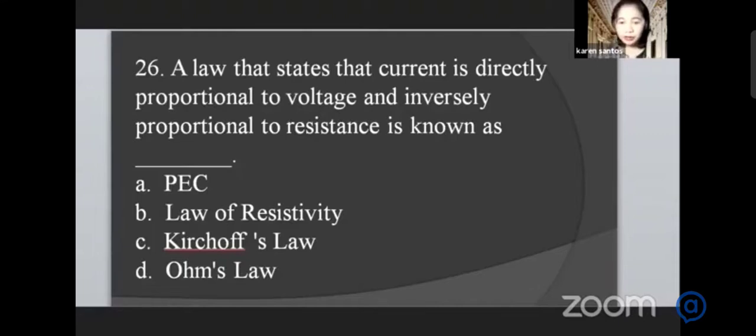Again, I will repeat the question. It is a law that states that the current is directly proportional to voltage and inversely proportional to resistance, and it is known as A. PEC, B. Law of resistivity, C. Kirchhoff law, D. Ohm's law. So what is the answer?